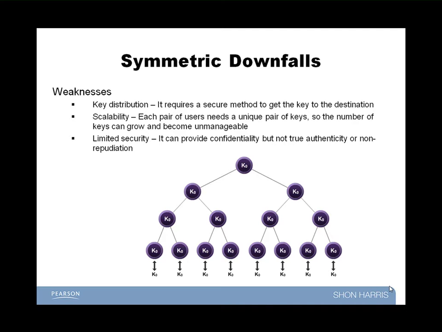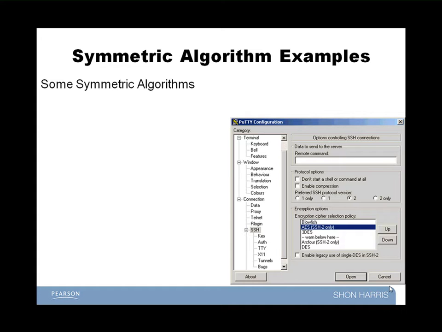If 10 different people have exactly the same key, there's not confidentiality, because if I send a message to Sue, Bob can decrypt it because he has the exact same key. So we do need to understand the weaknesses or the downfalls with symmetric algorithms, which is key distribution, scalability, and they only provide confidentiality.